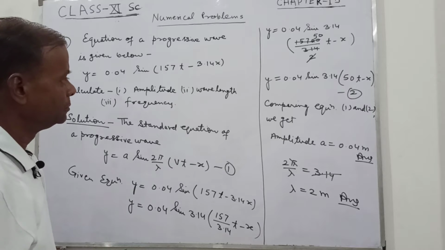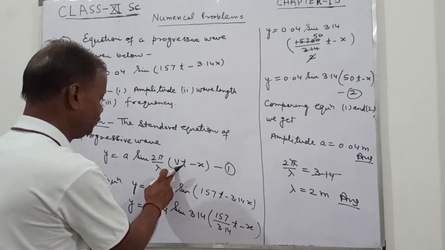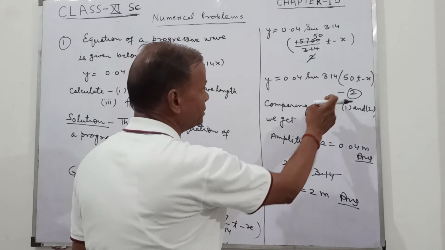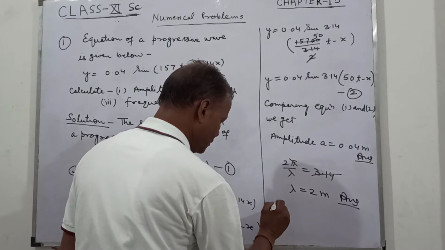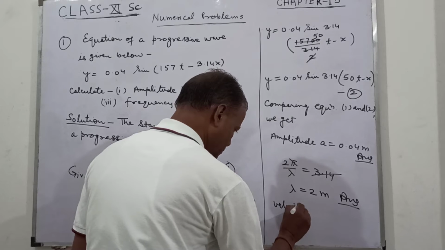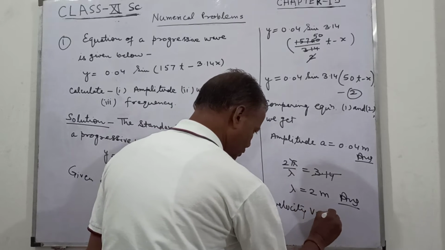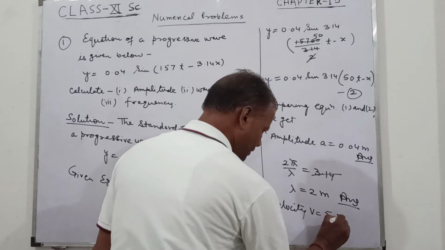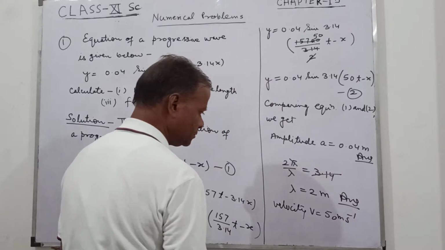And now this v is equal to 50, velocity v equal to 50 meter per second.